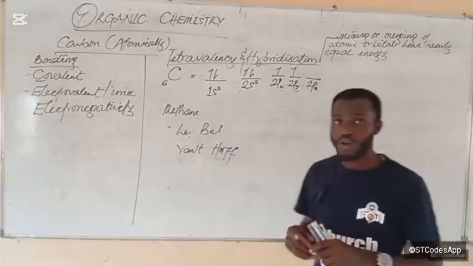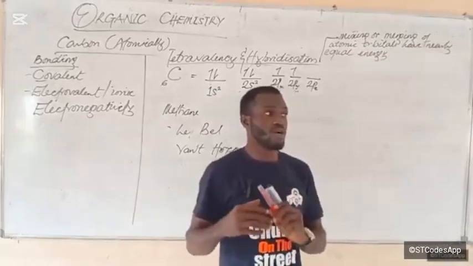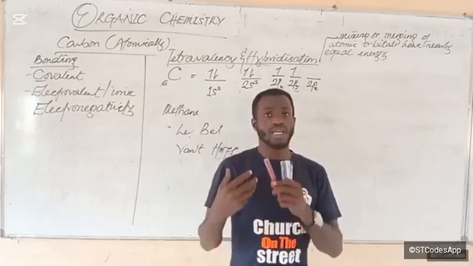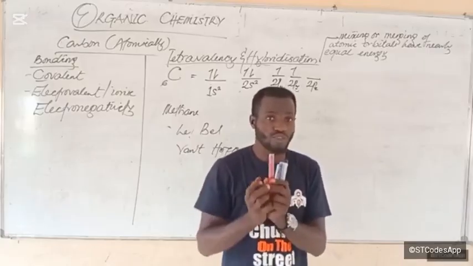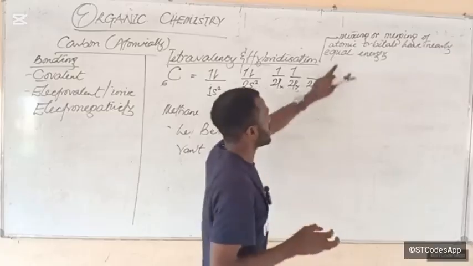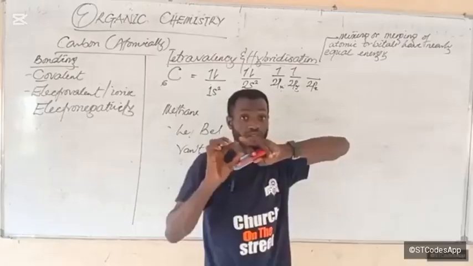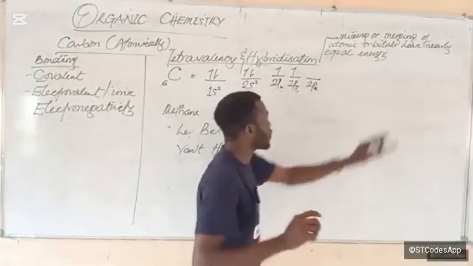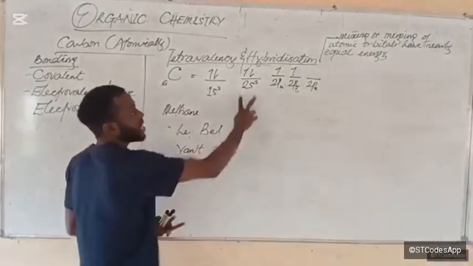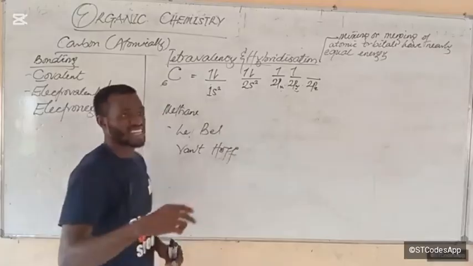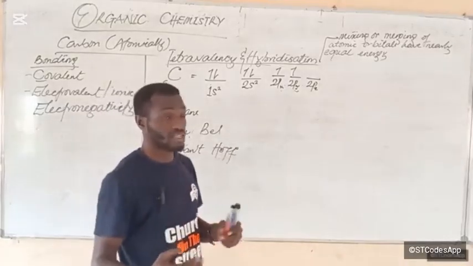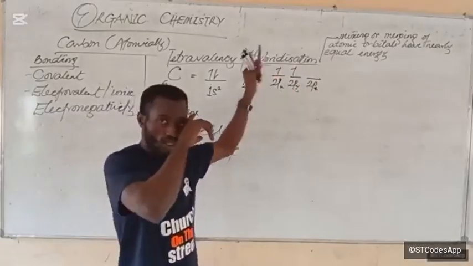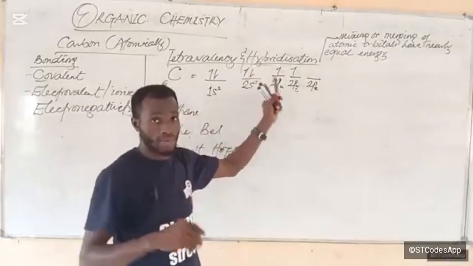There are basically 2 criteria. One of them is that the orbitals that are to be mixed must have equal energy or nearly equal energy. So that is why you are going to see that it is the orbitals in energy level 2 that are going to be mixed in this concept of hybridization that is going to happen here.